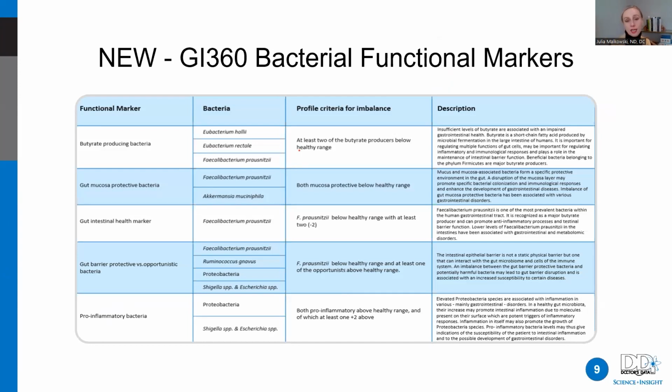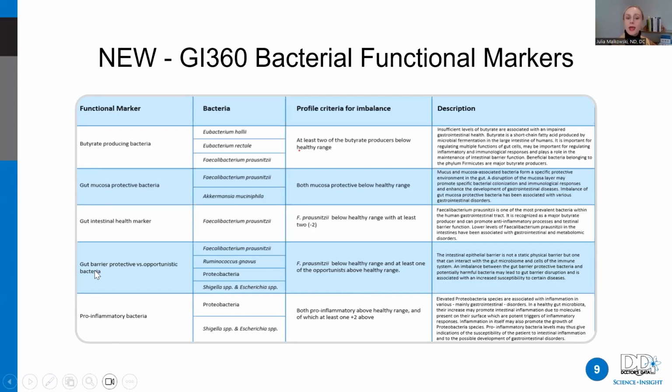But we're also going to take it a step further, and we're going to look at specific bacteria that are associated with outcomes. These groups of bacteria are going to be the butyrate-producing bacteria, the gut mucosa protective bacteria. These are the bacteria that are involved in mucosal barrier integrity, and that it may be a precursor to intestinal permeability. We're going to look at the gut intestinal health markers. So that is going to be the fecal bacterium, that healthy bacteria that makes a healthy environment in the colon.